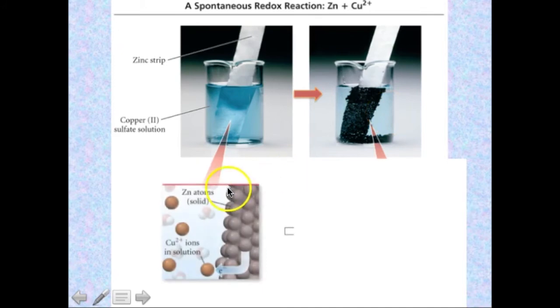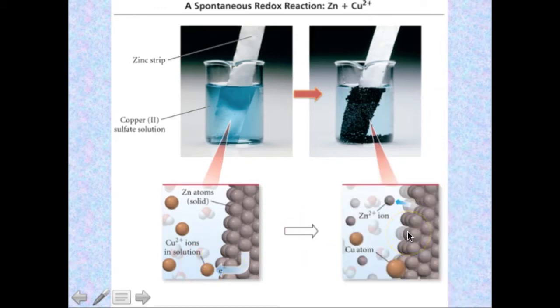Here's what's happening. Copper ions, copper plus 2, approach the zinc metal surface. A pair of electrons on an atom of zinc are captured by the copper ion, reducing it and forming copper metal. Meanwhile, the atom that lost the 2 electrons is now an ion and dissolves into the solution.